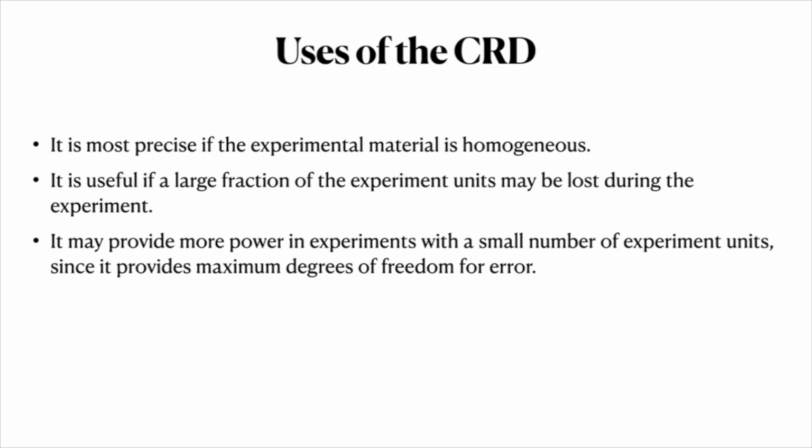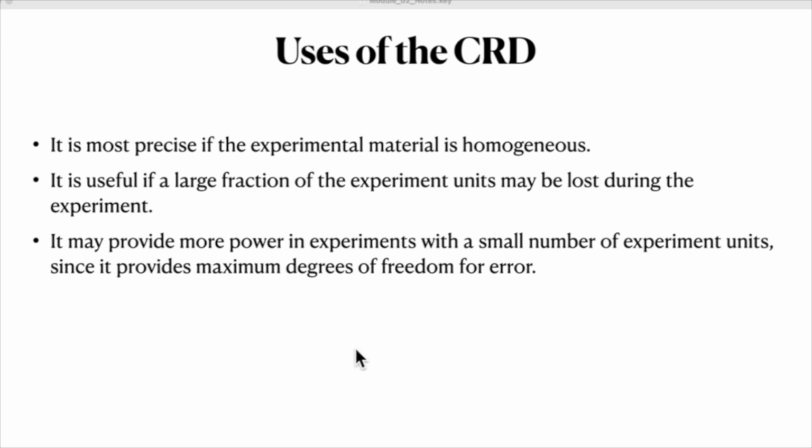Perhaps somebody put the wrong kind of chemical on the plot, so it's got a different kind of treatment than what was planned. All sorts of things can cause experimental units to either be lost or not usable for an experiment.